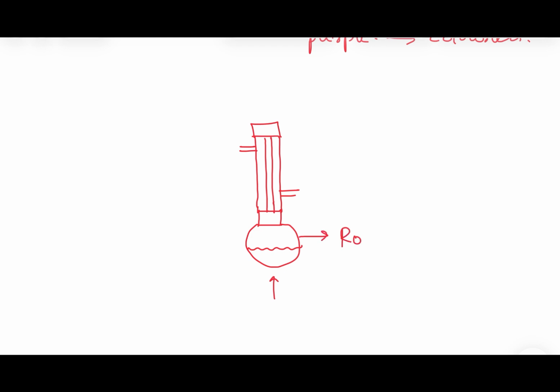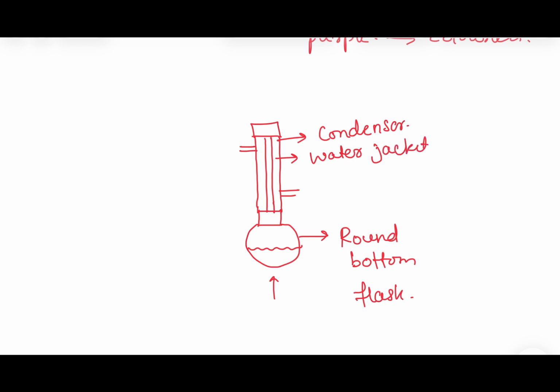So this is the round bottom flask. This is a condenser. This is the water jacket. Water is going to enter here, so water in, and water will come out from here, water out.